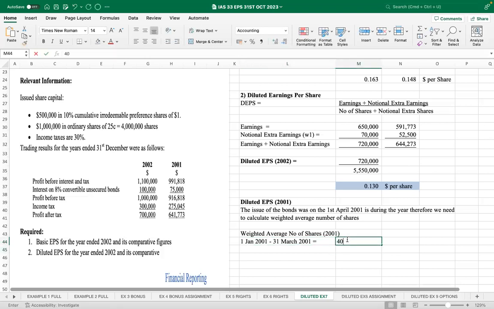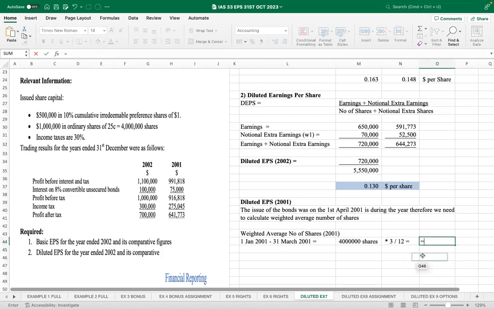We had 4 million shares. And this period is a period of how many months? 3/12 months. So what will be the weight? The weight will be 4 million times the period, 3/12. So that will give you a weighted average of 1 million.